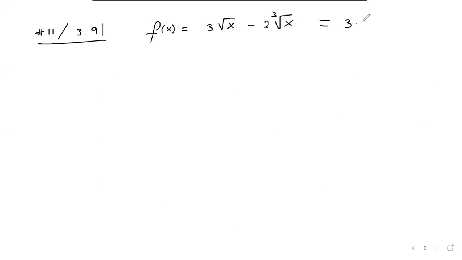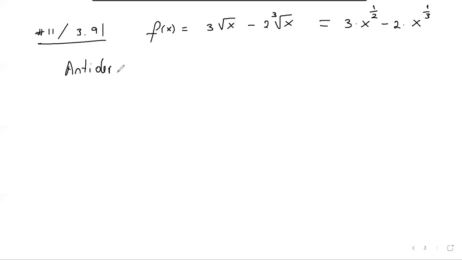So over here we have 3x to the 1/2, because that's what square root of x is, minus 2 times x to the 1/3. Remember, folks, that the cube root of a number is that number to the 1/3. All right, so after you pay attention to this, you can certainly do the antiderivative.